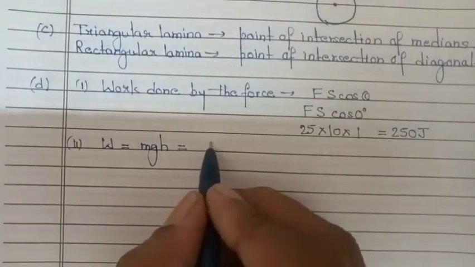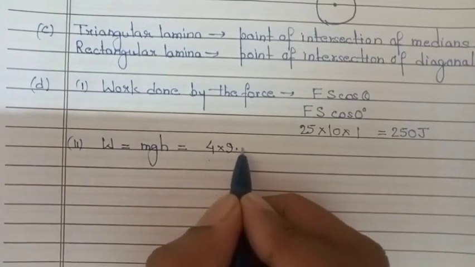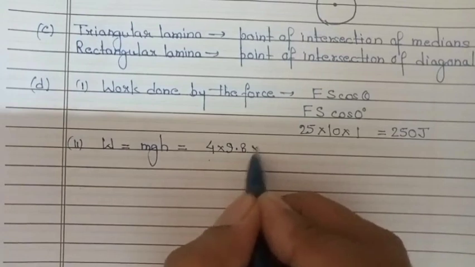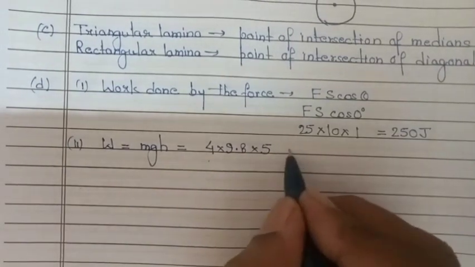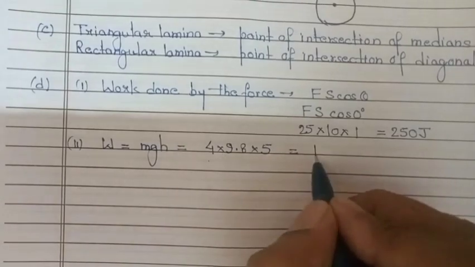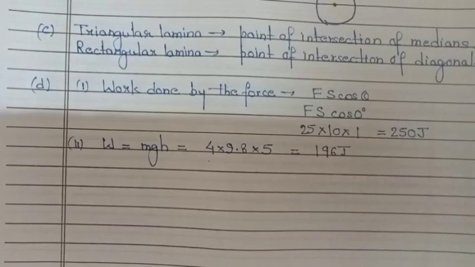So mass is 4, gravity is 9.8, into height 5. If we solve it, you will get 196 joule. This is work done against gravity.